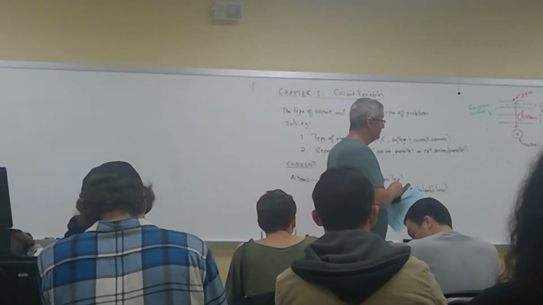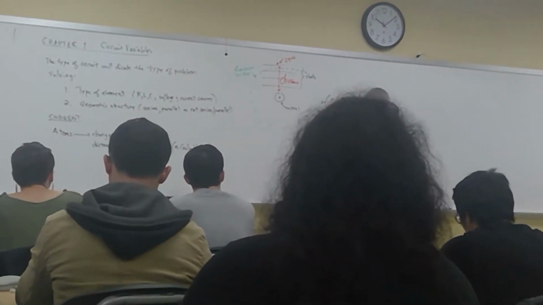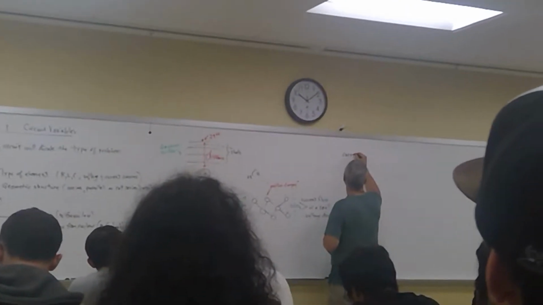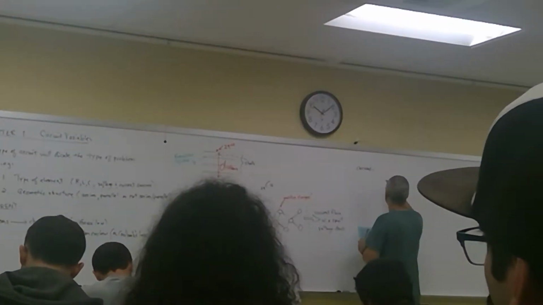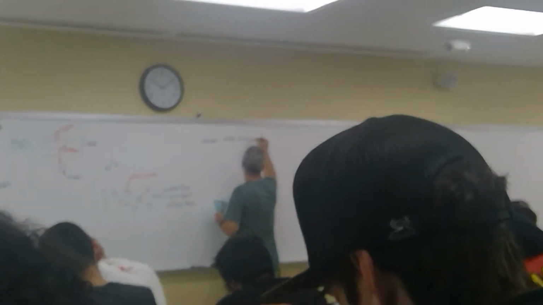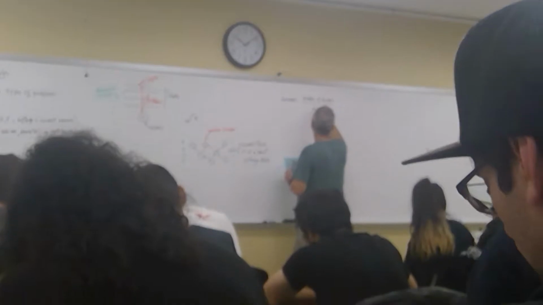So our definition of current is essentially the number of charges per unit time.